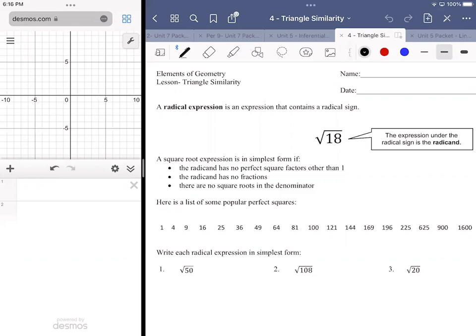So if you have something in the form, for example, radical 9, that's a square root radical.